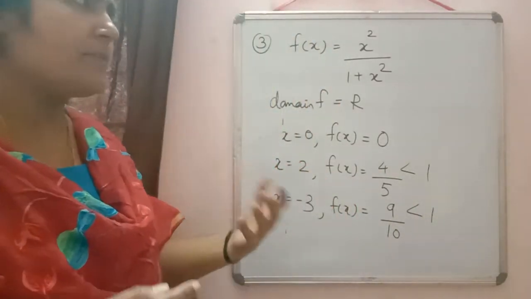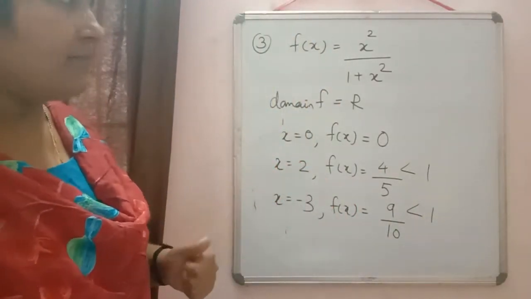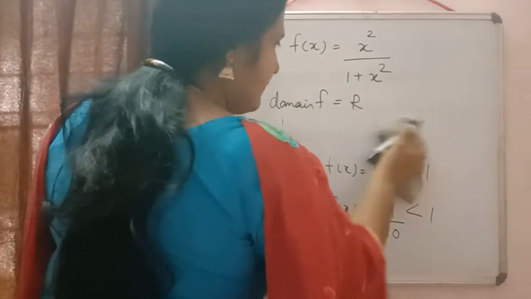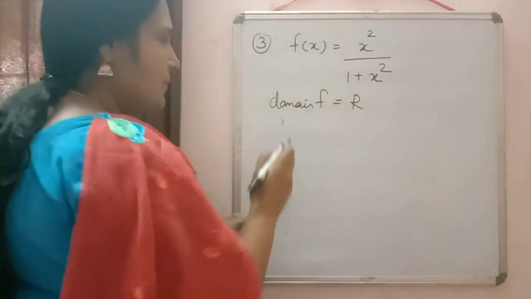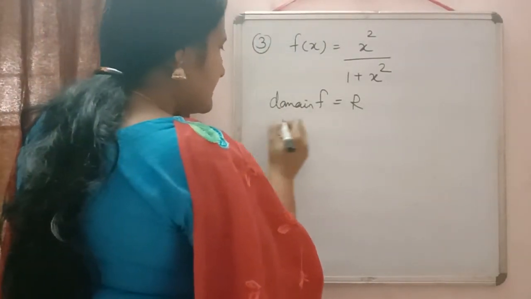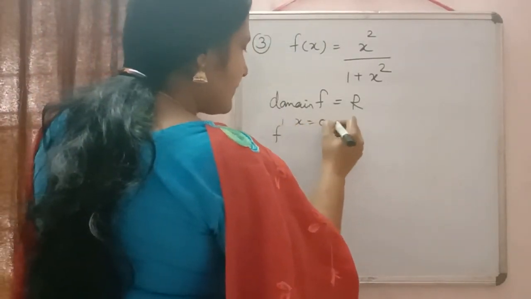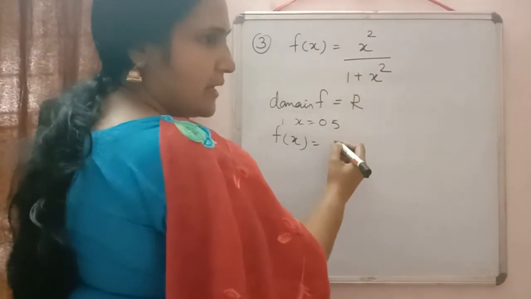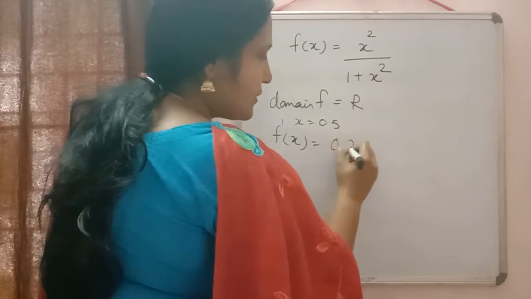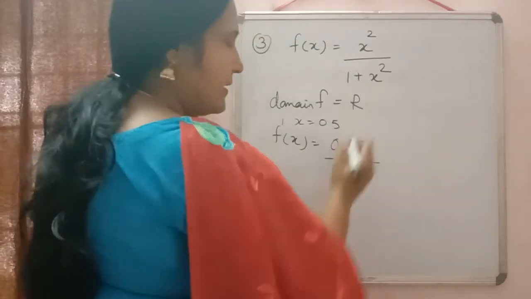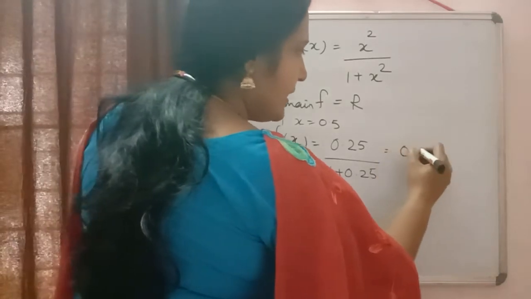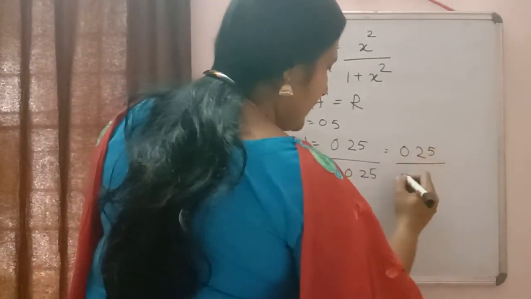Any number. Now suppose I am taking a decimal number, 0.5. So when x is equal to 0.5, f of x is equal to 0.5 square, so that will be equal to 0.25 by 1 plus 0.25. So we will get here 0.25 by 1.25.